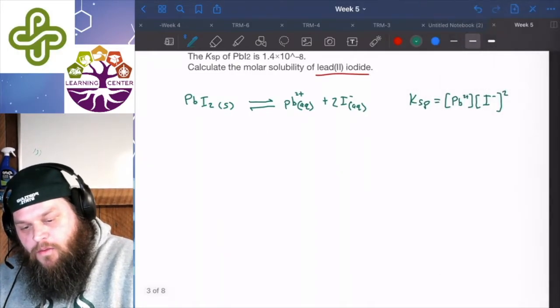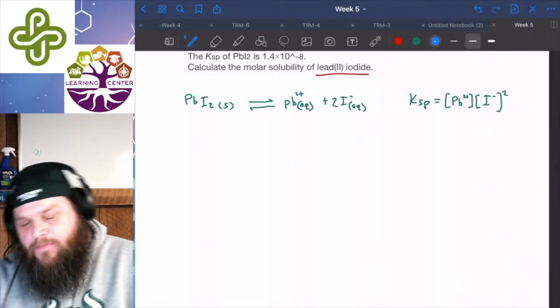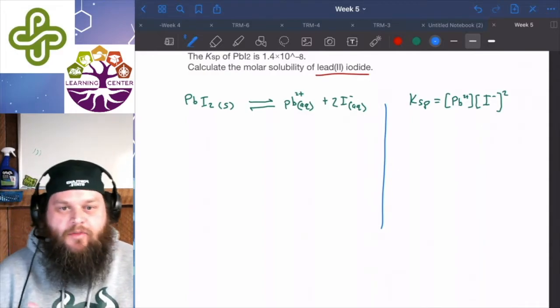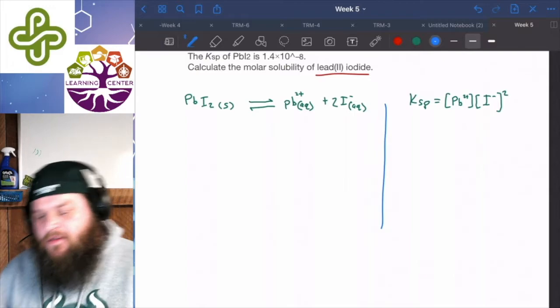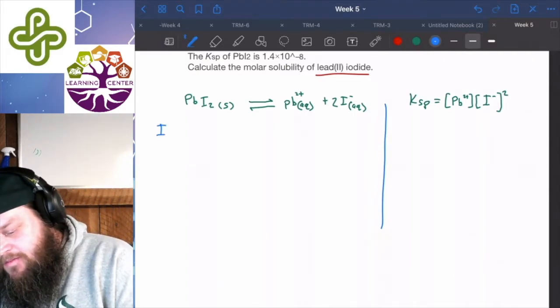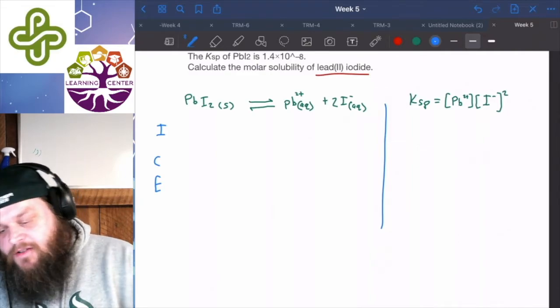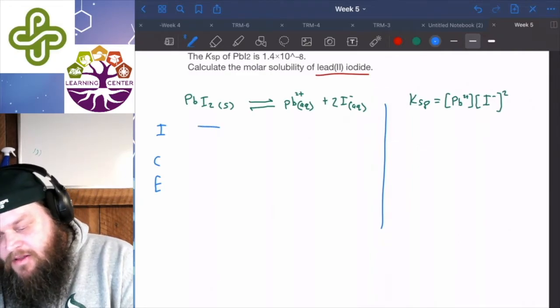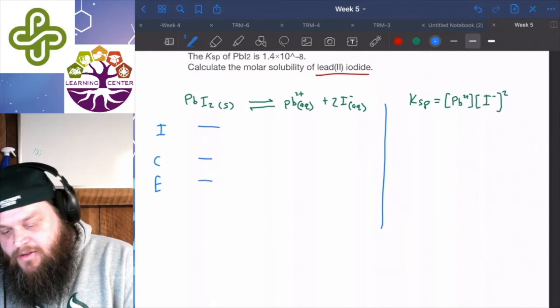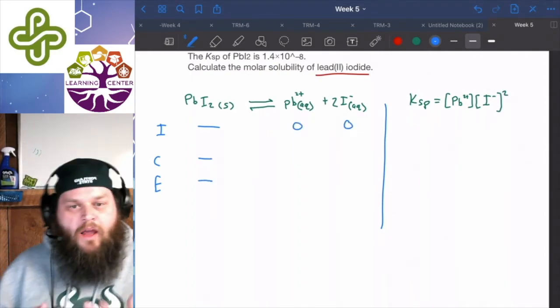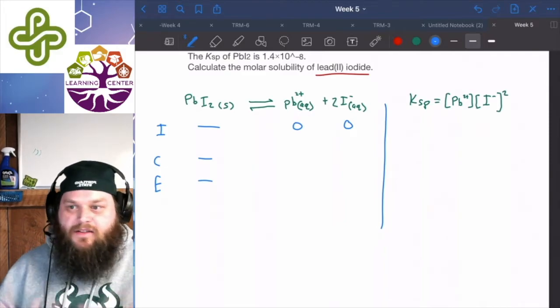And we can determine what that is going to be using the ICE table, just like we did with our acid-base chemistry. So using an ICE table, we know the initial concentration of all of these. For the solid, it never matters. But the initial state of the 2 ions before they dissociate is going to be 0.